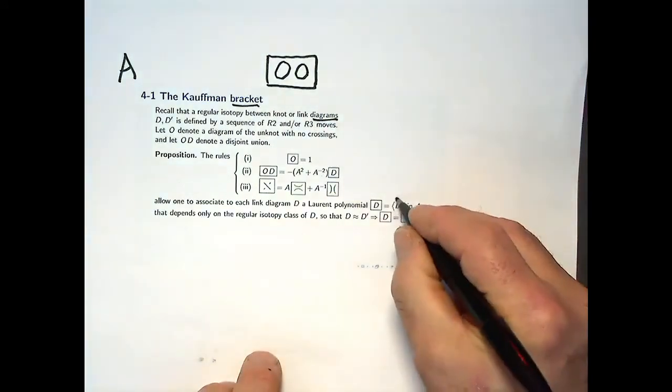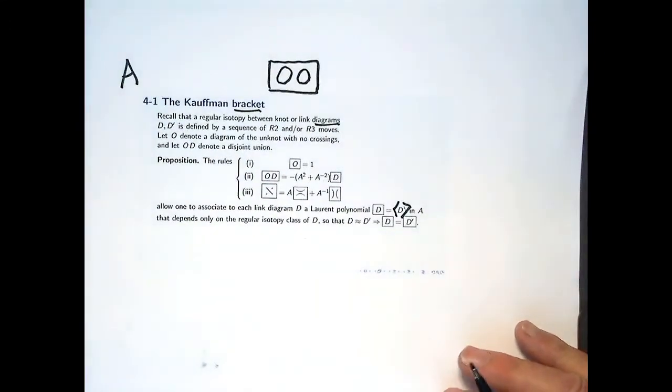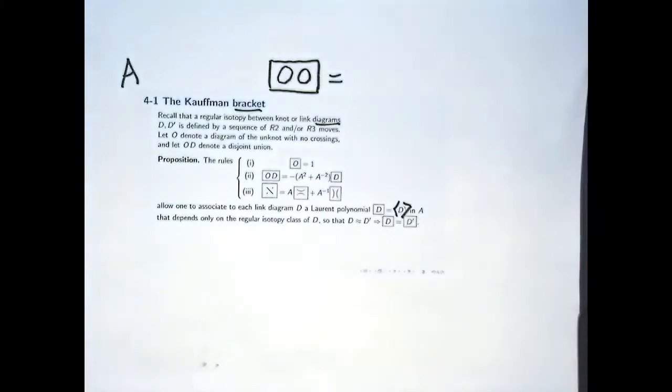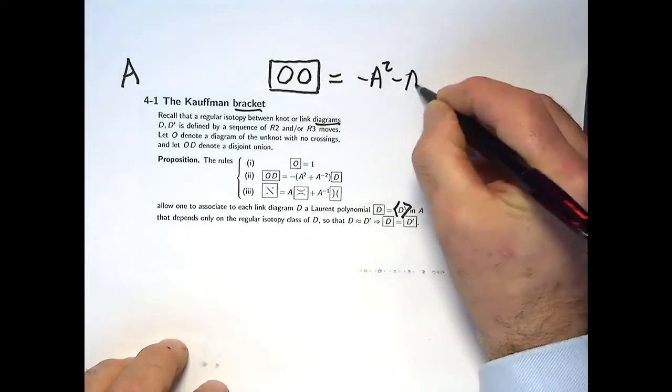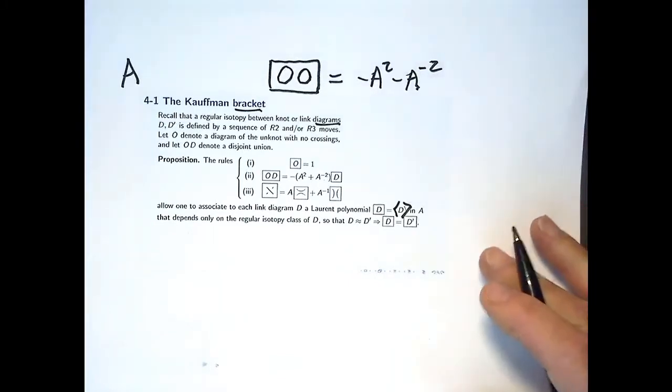Normally people put angular brackets around the diagram, but it's easier for me to put a box around it. So when I put a box around a diagram, that's the polynomial associated to the diagram. And the polynomial associated to this particular diagram, which is just the disjoint union of two circles, is minus A squared minus A to the minus 2. So that's a Laurent polynomial in A.